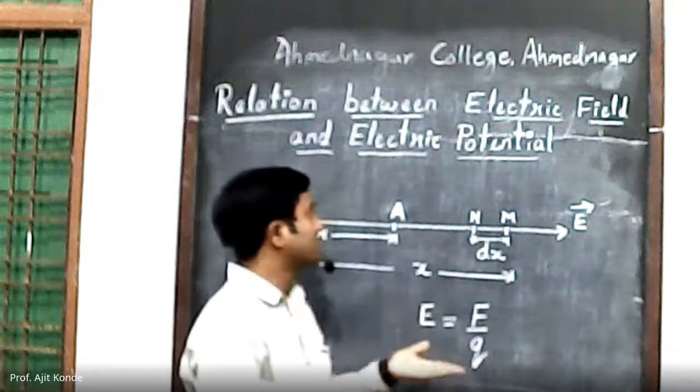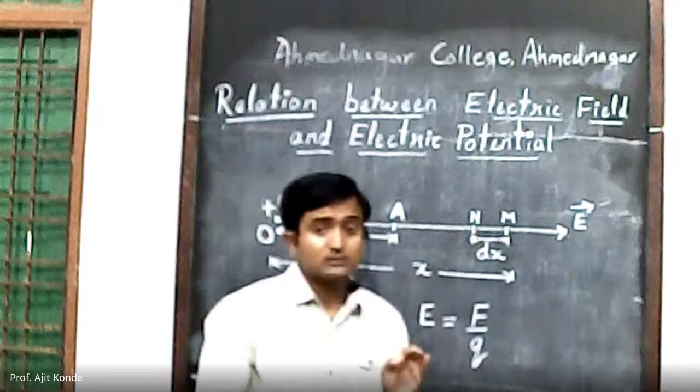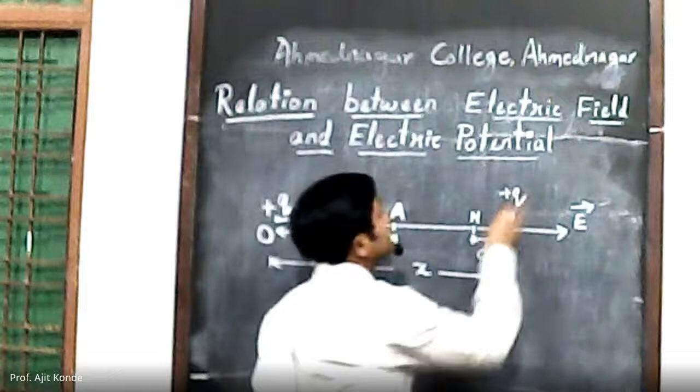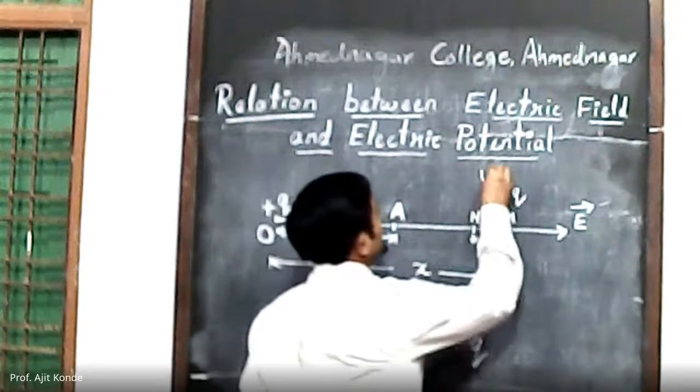Now over here, there is a plus Q charge at O, but this moving charge is a unit charge.